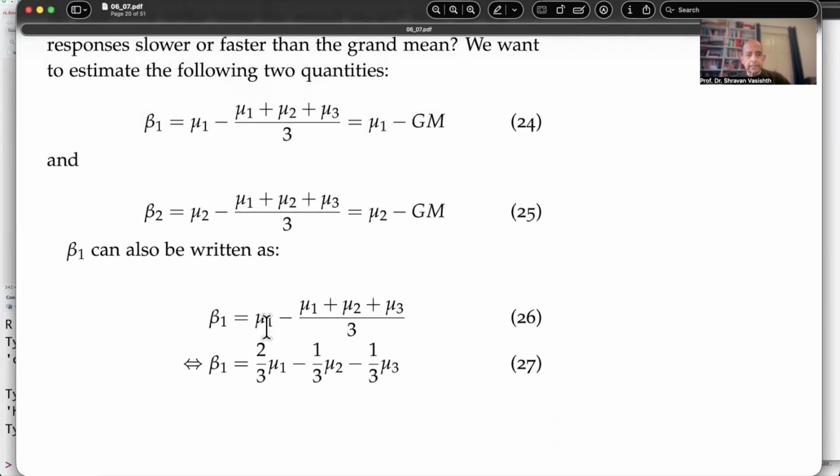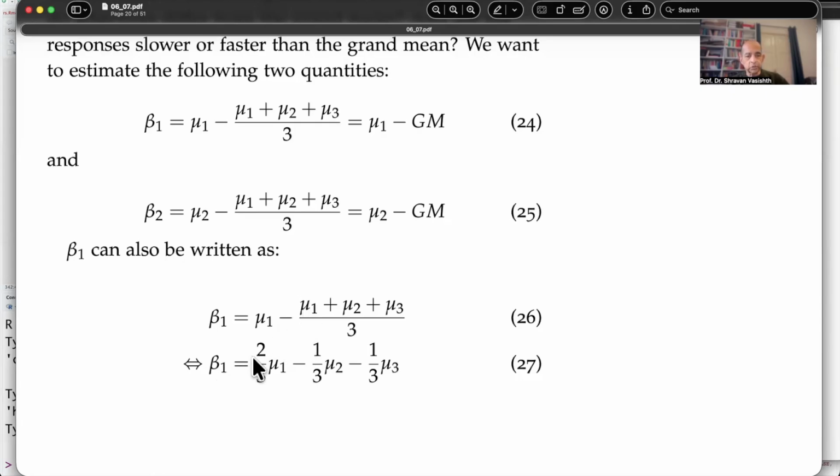One interesting thing to notice is that, for example, just consider the very first equation, 24. I could rewrite this equation by just removing the fraction part. If I were to open out this term, I would get mu1 equal to 2/3. Why? Because it would be mu1 times 3 divided by 3, and then if I break this up into 3 terms, I would have 3 times mu1 divided by 3 minus 1 times mu1 divided by 3.